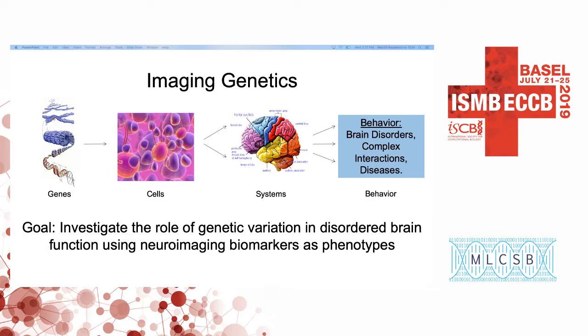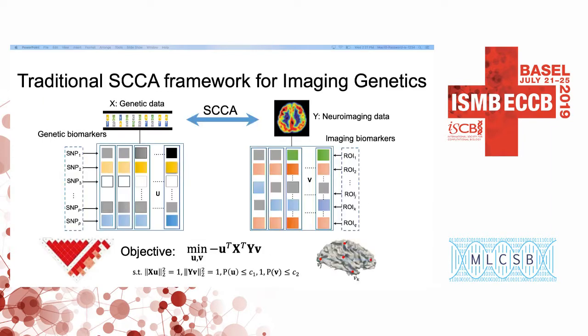So our work is imaging genetics. Its goal is to investigate the role of genetic variation in disordered brain function using neuroimaging biomarkers as phenotypes. The traditional imaging genetics works like this. On the left side, the data matrix holds the genetic data, such as the SNPs, and each subject has thousands of SNPs.